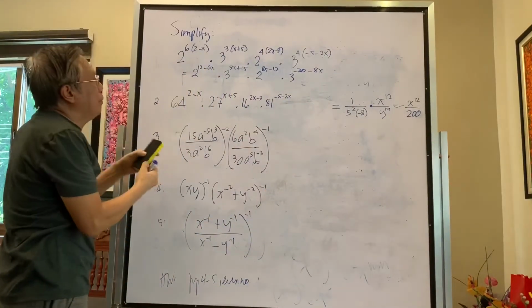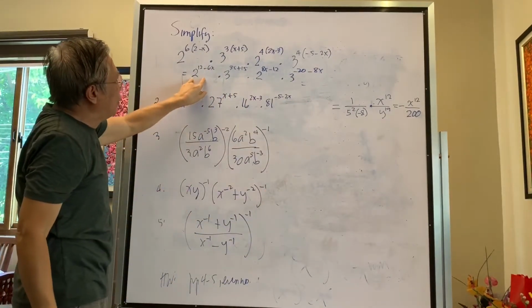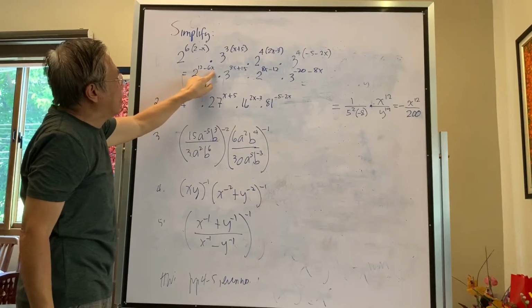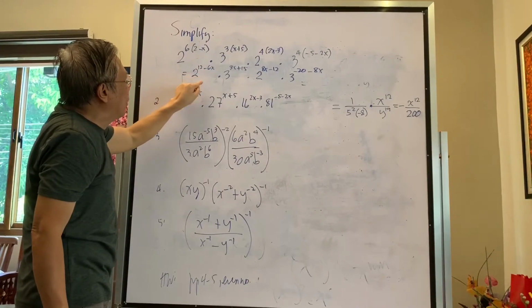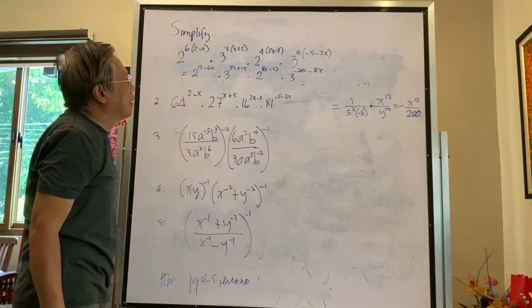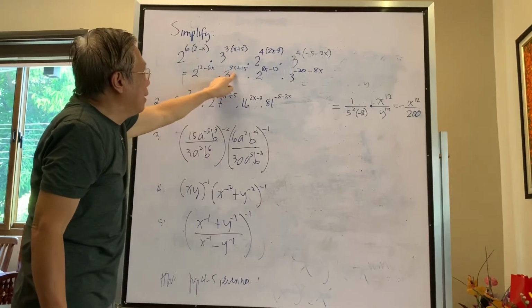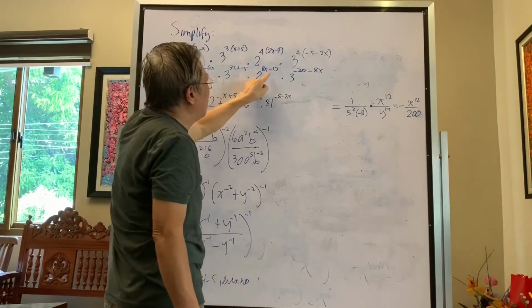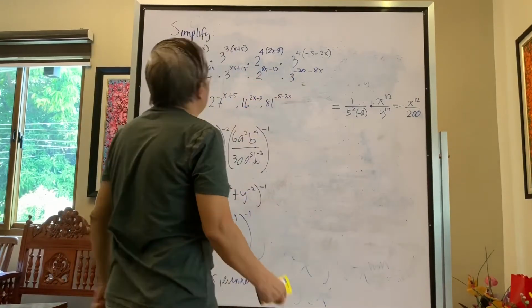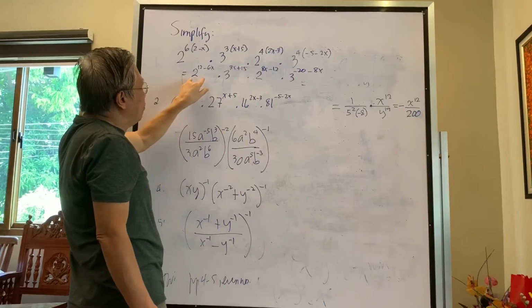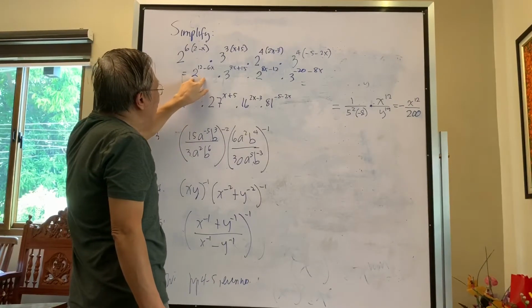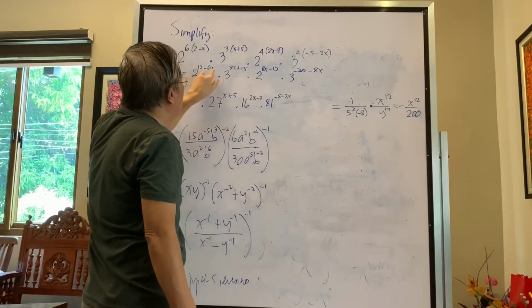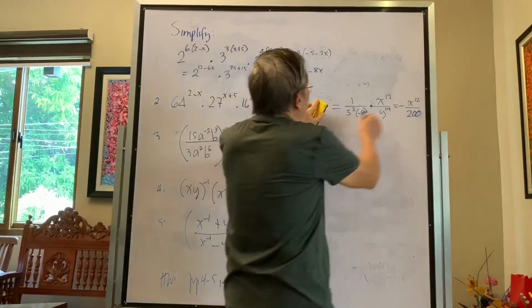Okay, remember that by the first law of exponents, 2 to the 12 minus 6x is actually 2 to the 12 times 2 to the negative 6x. Similarly with this, 3 to the 3x times 3 to the 15, 2 to the 8x times 2 to the negative 12, etc. Now, from law number 1, we can combine the same base and we just add the exponents.